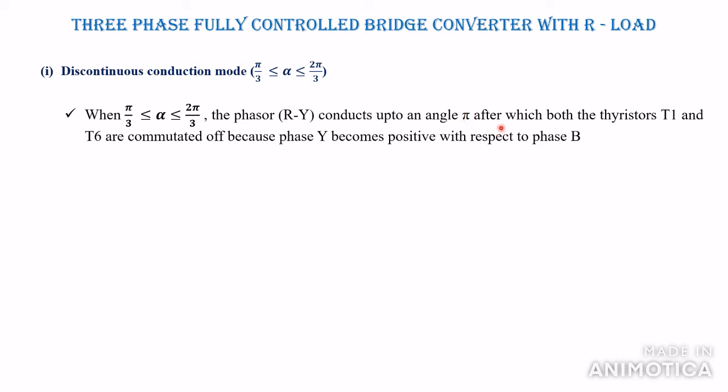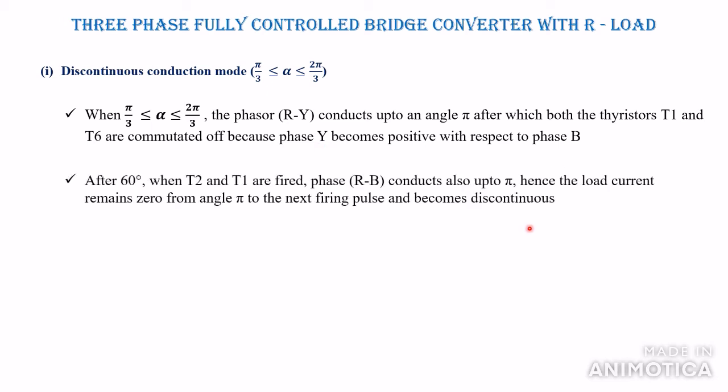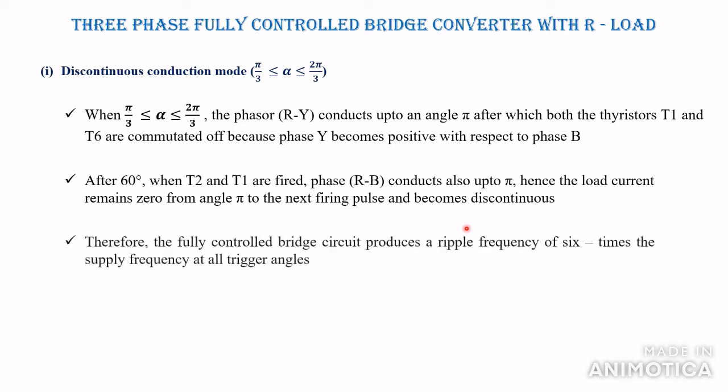After omega t is equal to pi, both the thyristors T1 and T6 are turned off, that is commutated, because the Y phase voltage becomes positive with respect to B phase. So after 60 degree, again when T2 and T1 are fired, this phase RY will conduct up to pi, and hence the load voltage remains 0 from the angle pi to the next firing angle and becomes discontinuous.